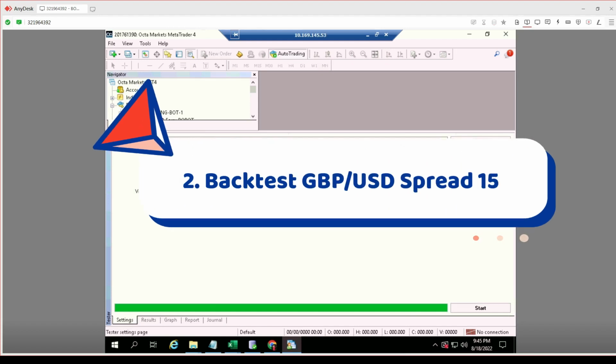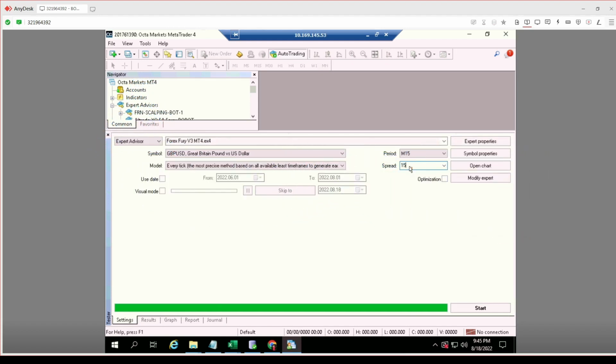Two. Backtest pound sterling to US dollar spread 15. My second backtest only changed the spread to spread 15.